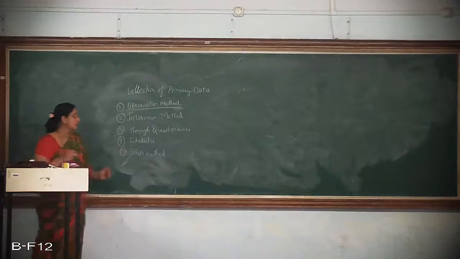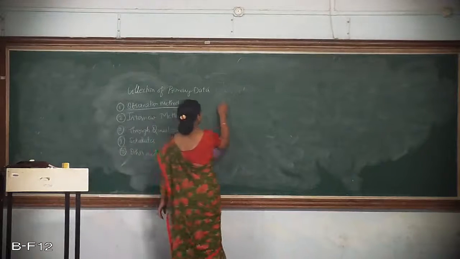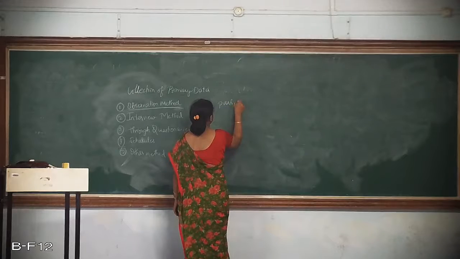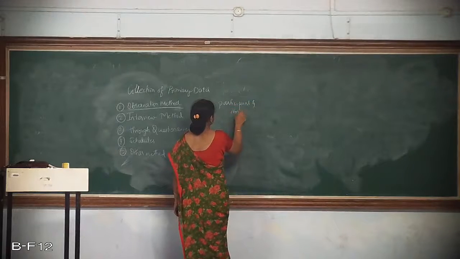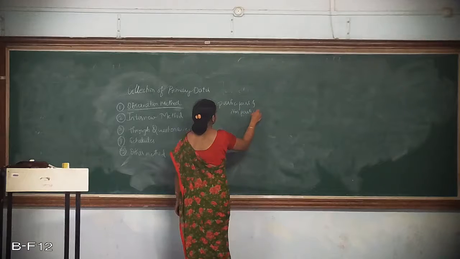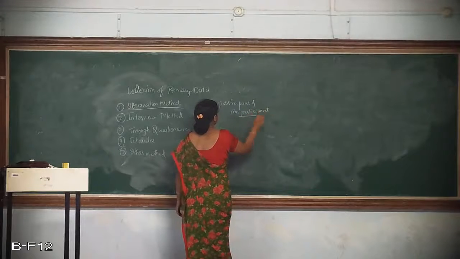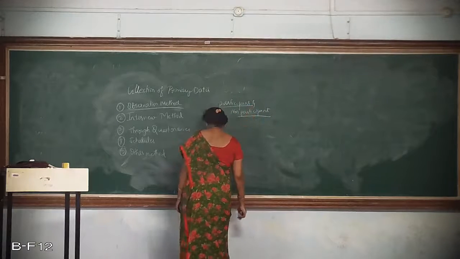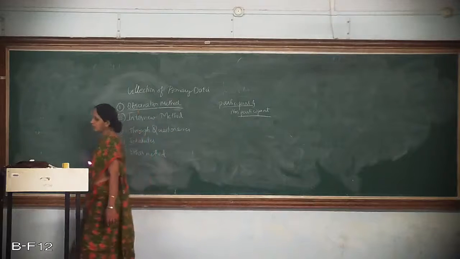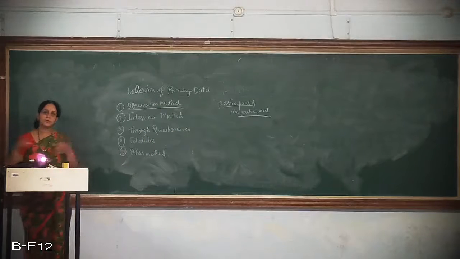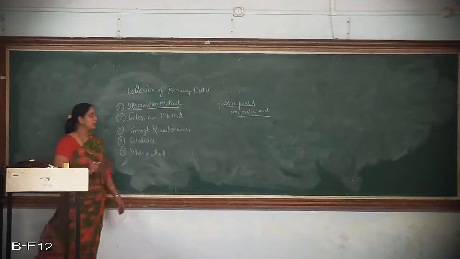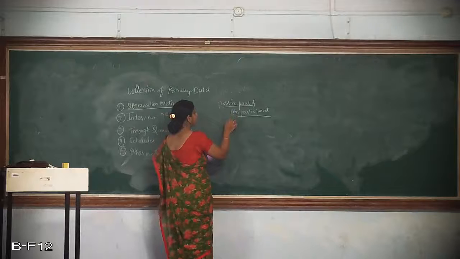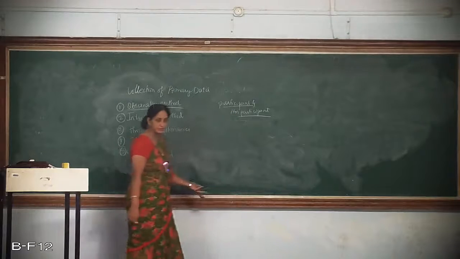This is very important here. We can have participant and non-participant observation techniques. If the researcher himself is also in the observation room, then it becomes a participant technique. If he is not a part of the observation or data collection, then it becomes a non-participant observation.